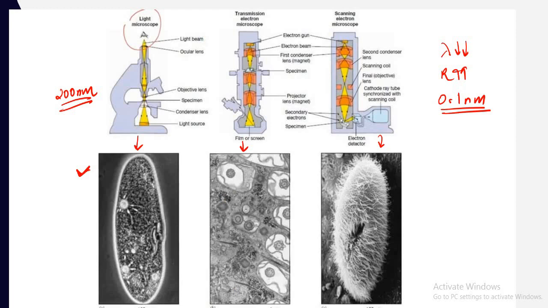Electron microscopes are of two types, transmission and scanning. Transmission uses the transmitted electrons. The electrons pass through the specimen, and that's why the specimen needs to be thin. In scanning electron microscopes, there is the role of the secondary electrons, which are knocked out by the primary electrons. These electrons get detected and focused on the monitor.